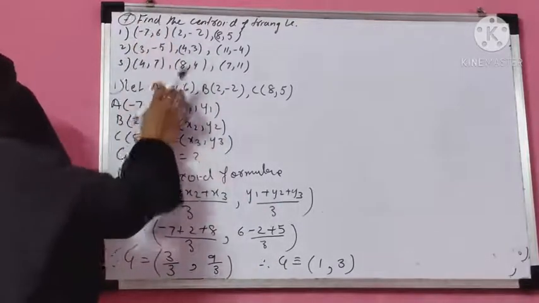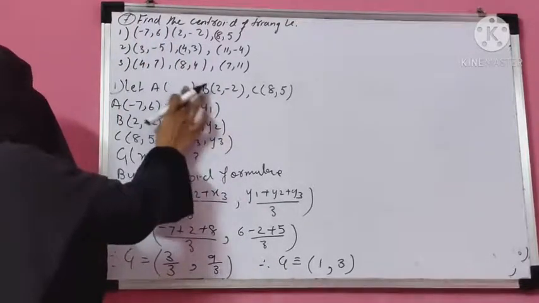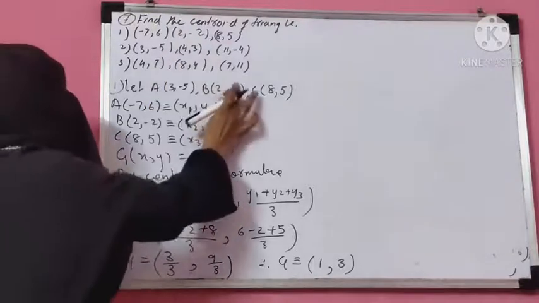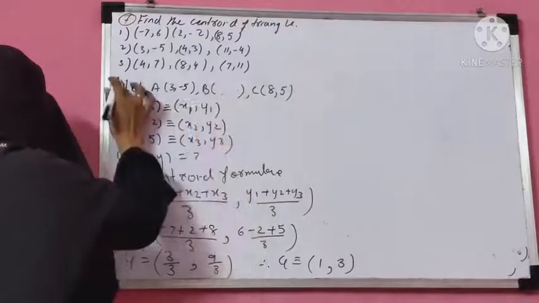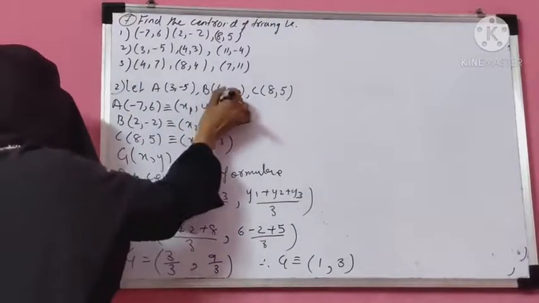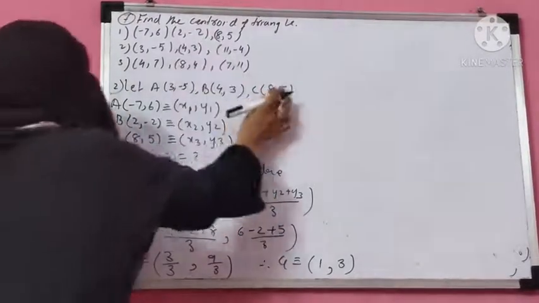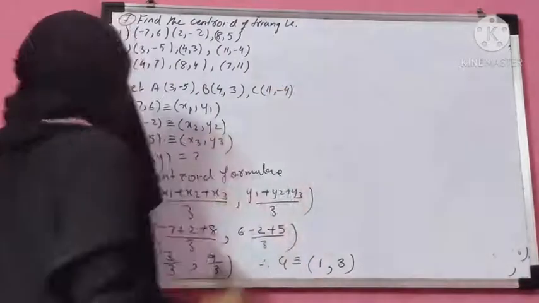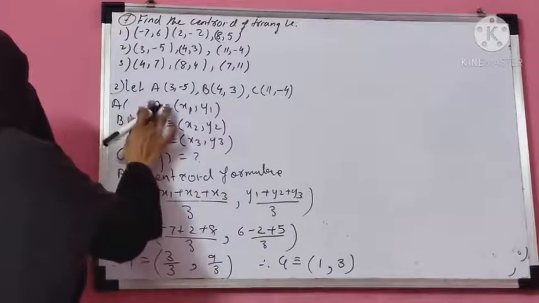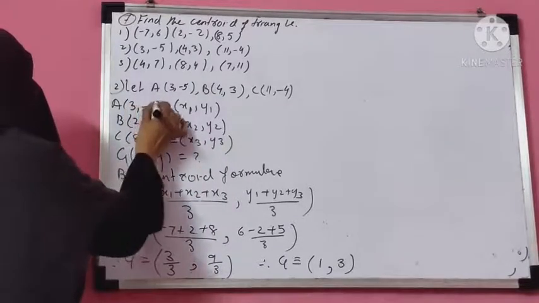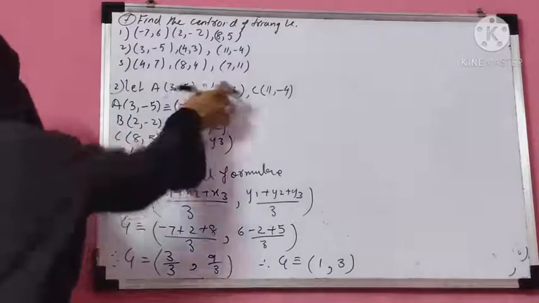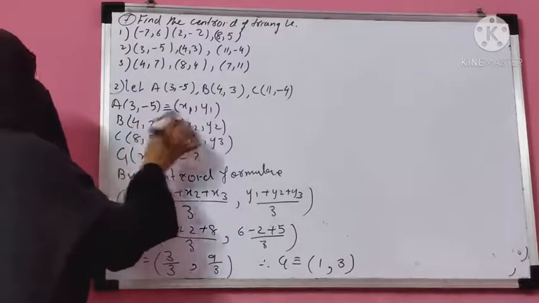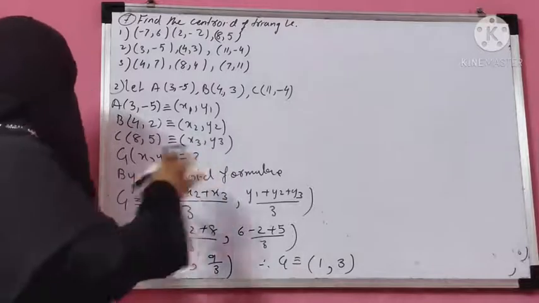Now question number 2. Again suppose point A is 3, -5. Point B is 4, 3, and point C is 11, -4. So point A, 3, -5, is x1, y1. Point B, 4, 3, is x2, y2. The method is the same, just the question is changed.